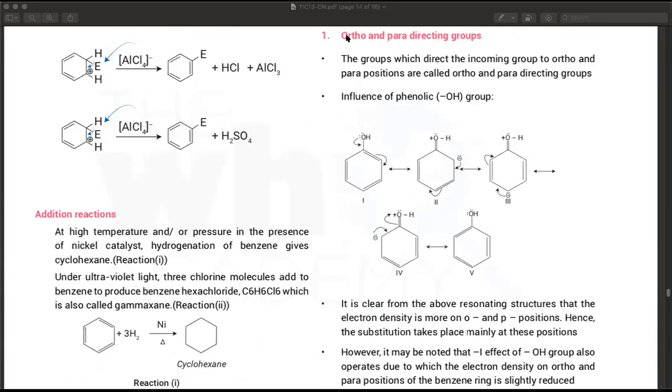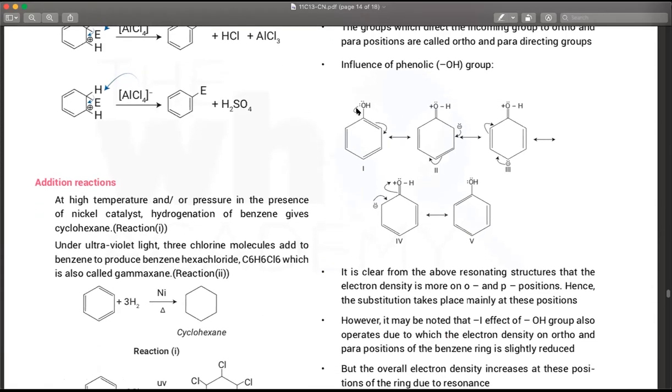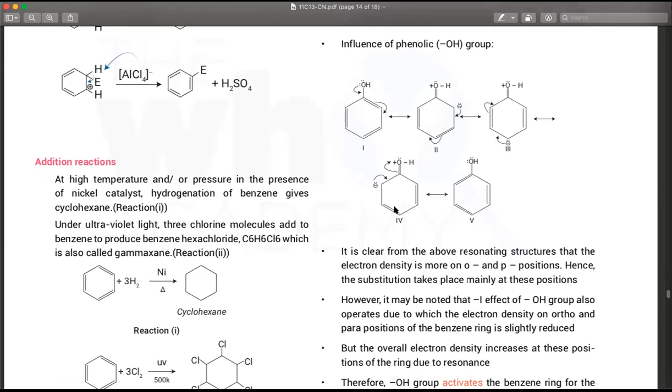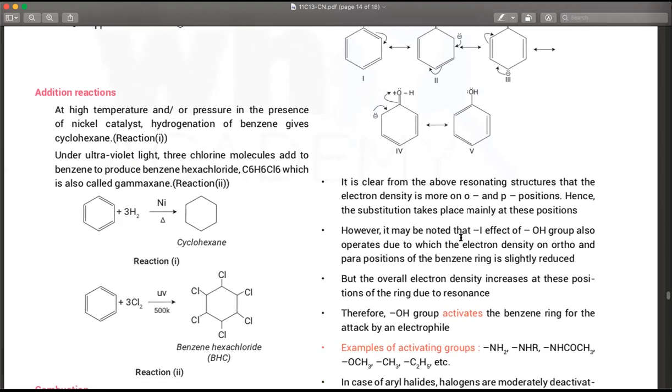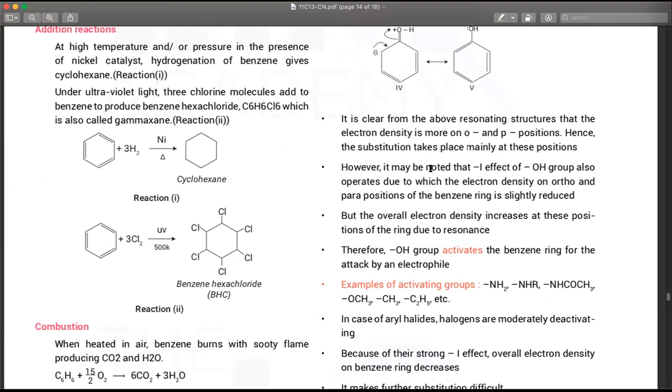So when you have an orthopara directing group, it is giving electrons to the ring, also called activating the ring, and based on which positions are activated, you get orthopara products.